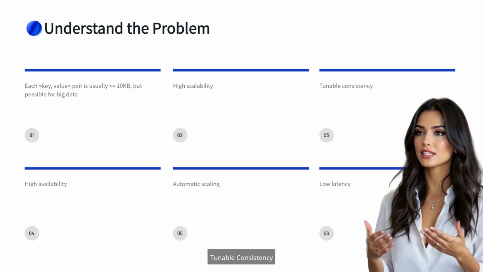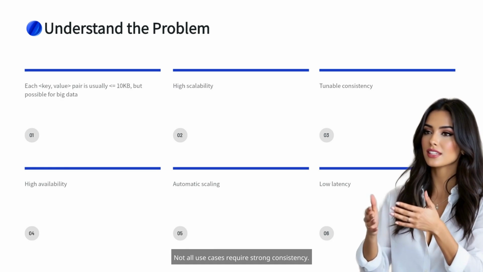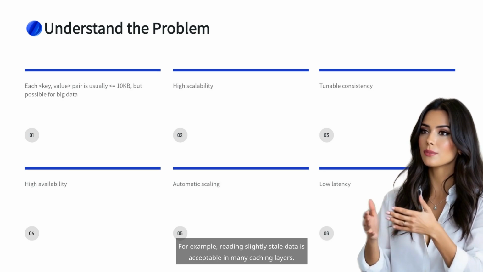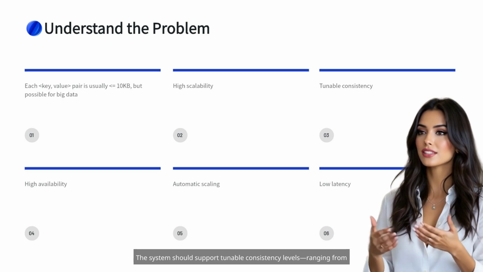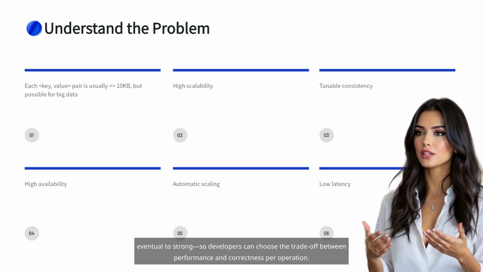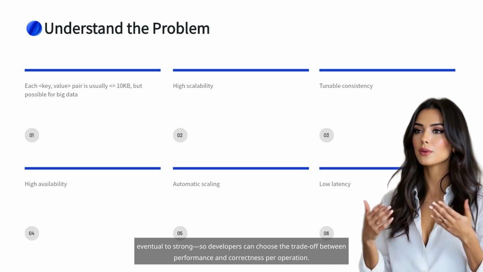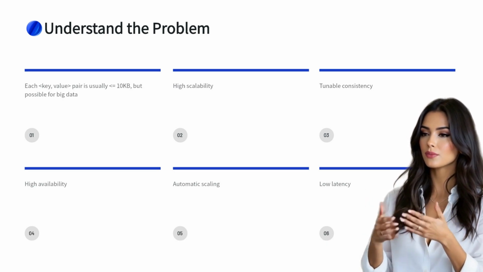Tunable consistency. Not all use cases require strong consistency. For example, reading slightly stale data is acceptable in many caching layers. The system should support tunable consistency levels, ranging from eventual to strong, so developers can choose the trade-off between performance and correctness per operation. Low latency.